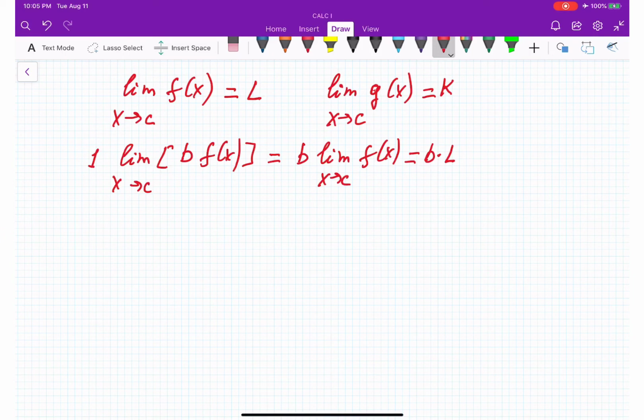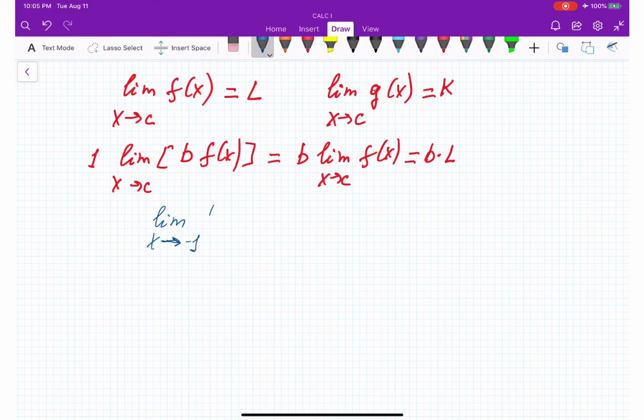I'll give you some basic examples. Let's assume we have the limit as x approaches -1. So my real number is -1 here.